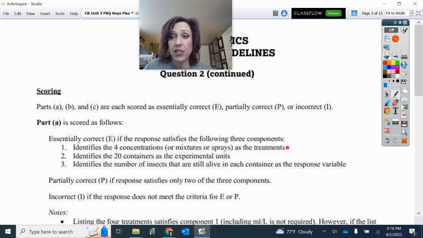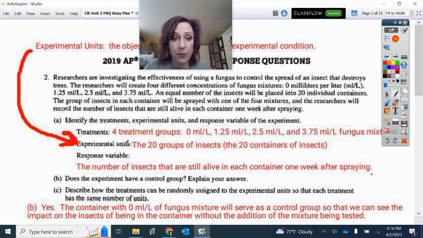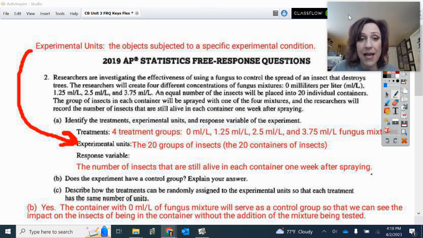On the next piece, this one would have definitely gotten me. I probably would have been marked down to partial on what the experimental units were. I probably would have said that the insects were the experimental units, because in my mind, that was who was receiving the treatment. But the experimental unit, I went and looked up a definition, is the objects subjected to a specific experimental condition.